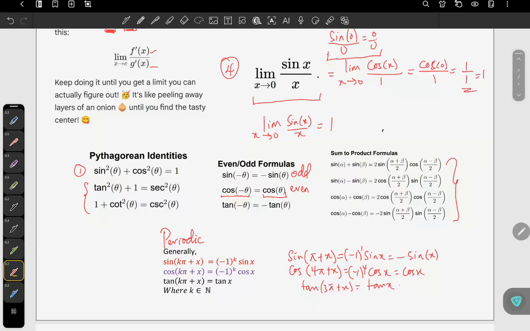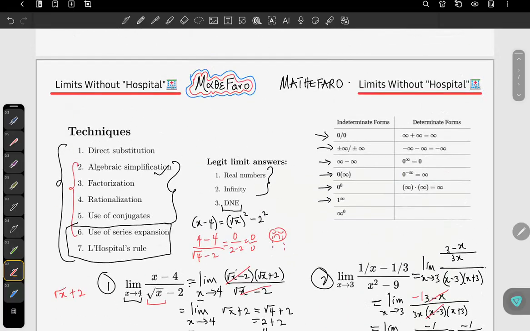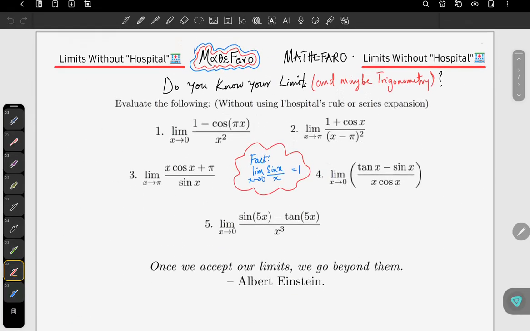So that's the motivation, or the introduction, of what we've seen here. If I now go back to the questions that are here, for the first one, if we put in x equals 0, we have 1 minus cos 0, which is 0 over 0, and you cannot factorize that.